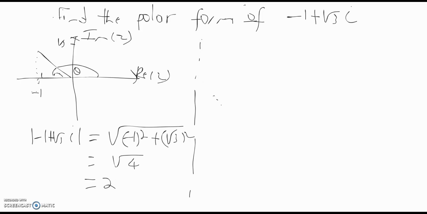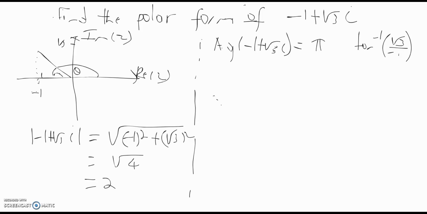Let me go for my argument now. The argument of -1 plus root 3i, and bear in mind where this falls, it falls in the second quadrant. Because it falls in the second quadrant, whatever I get when I tan inverse the imaginary part over the real part, which is root 3 over -1, I'm going to have to add pi to that.